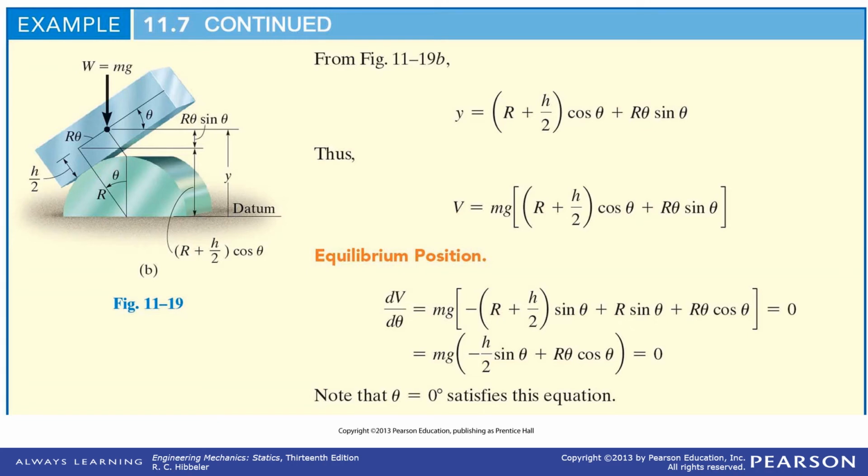It won't matter to the analysis, by the way. So y equals this, the total height equals this, and from which you get the potential energy. And when you differentiate, instead of an r sine theta, you get an r theta.